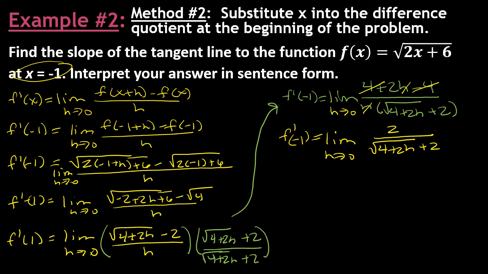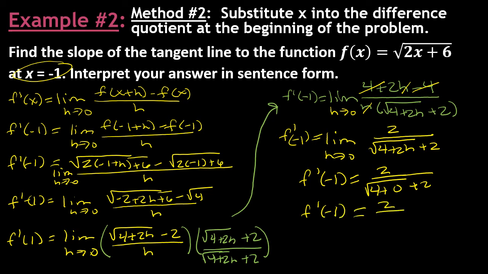And so now I am able to plug in 0. So f prime of -1 equals 2 over the square root of 4 plus 0 plus 2. So f prime of -1 equals 2 over, the square root of 4 is 2, plus 2, which is 2/4, which actually simplifies down to 1/2.